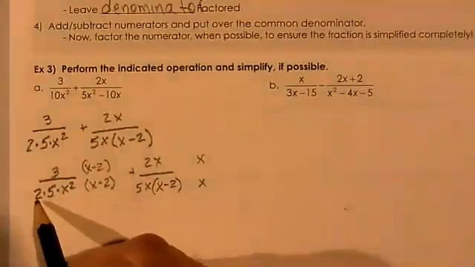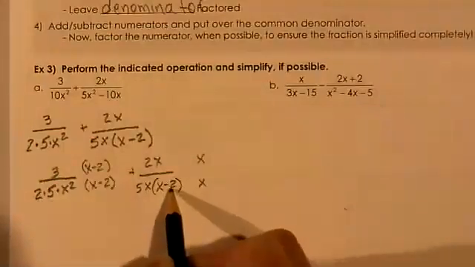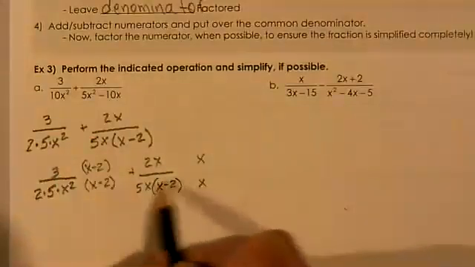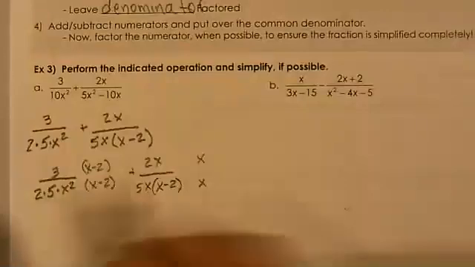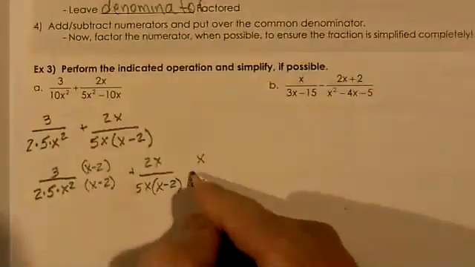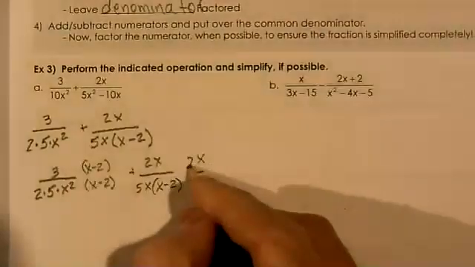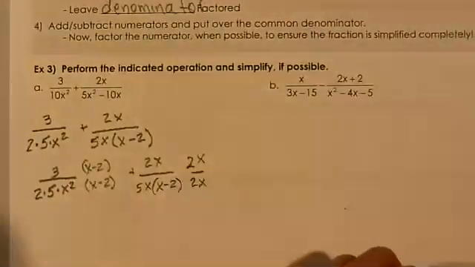I also need a 2. Some people look at this and they say, well, you have a 2. It's x minus 2. No, that's its own quantity. You just need the number 2. So I'm going to multiply the top and the bottom by what is missing, which is a 2x.